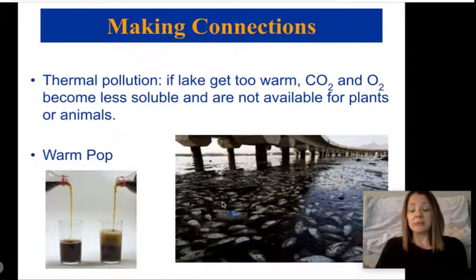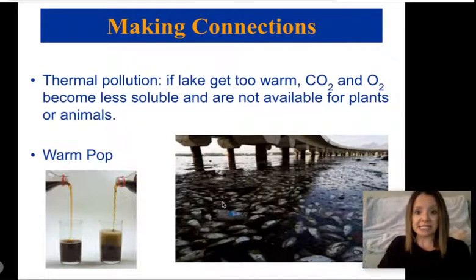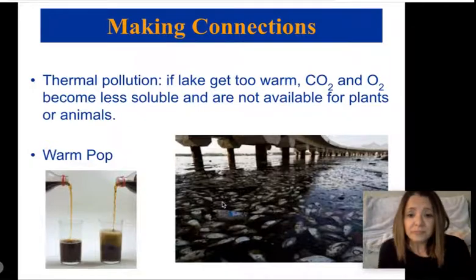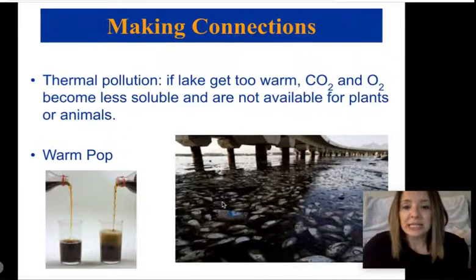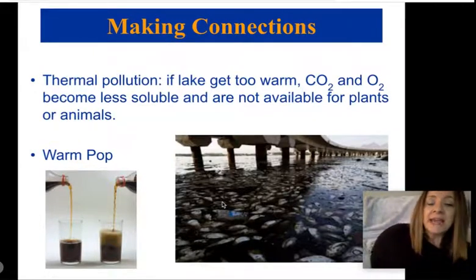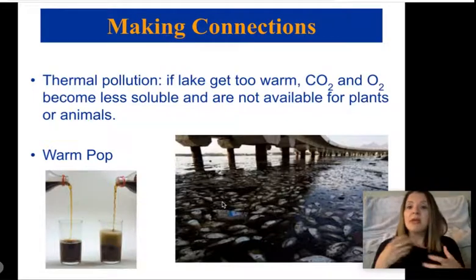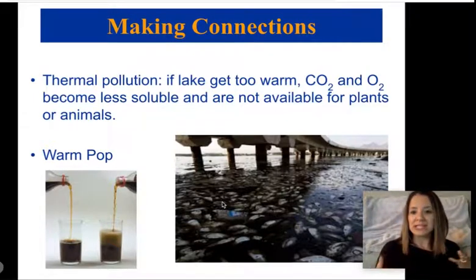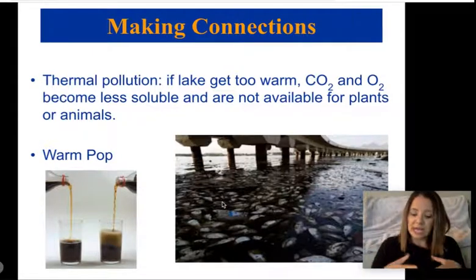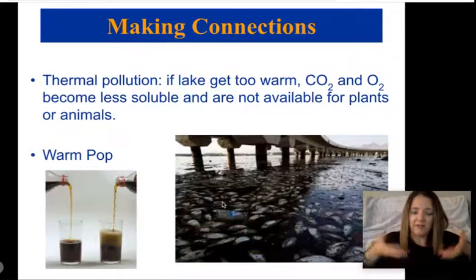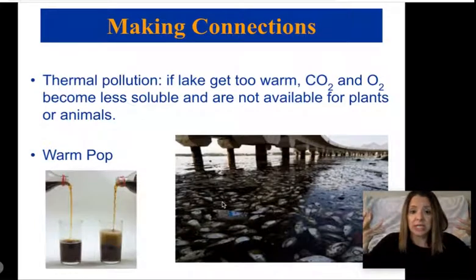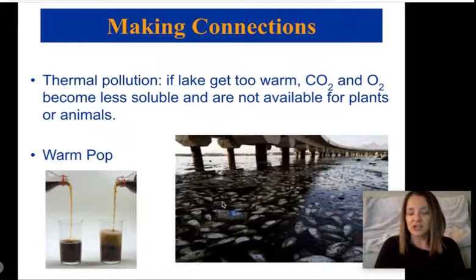Another connection that we can make to the solubility of gases is in different bodies of water, like a lake or a pond. If the water gets too warm, then there's less carbon dioxide and less oxygen that stays dissolved within the water. If there's not enough oxygen in the water because it's too warm, because all of that gas has come out of solution, then there's not enough oxygen for plants and for aquatic organisms to survive.